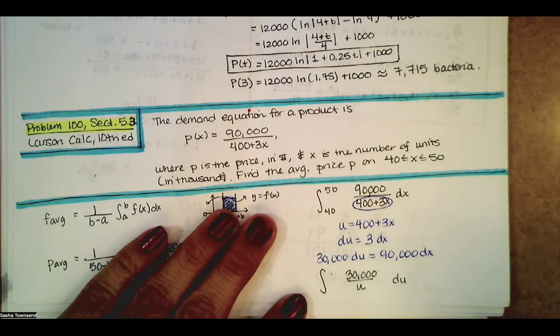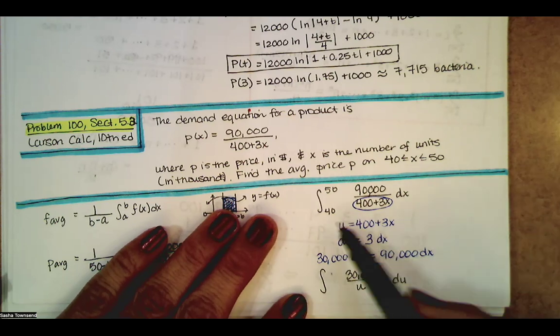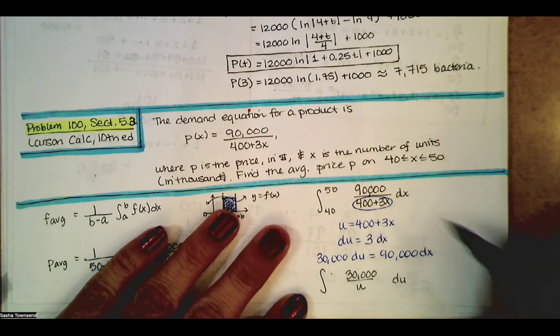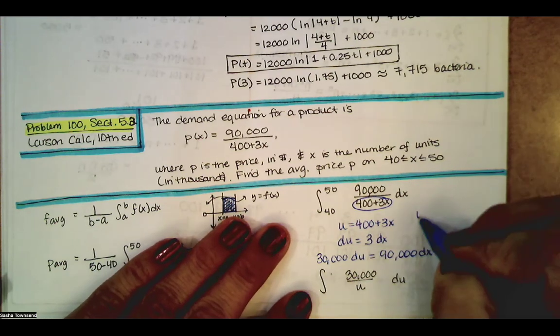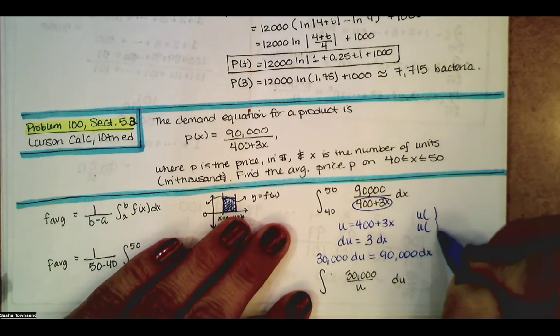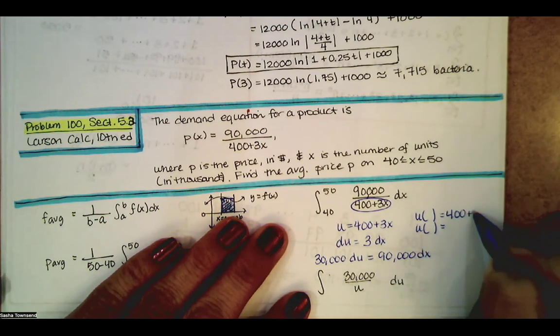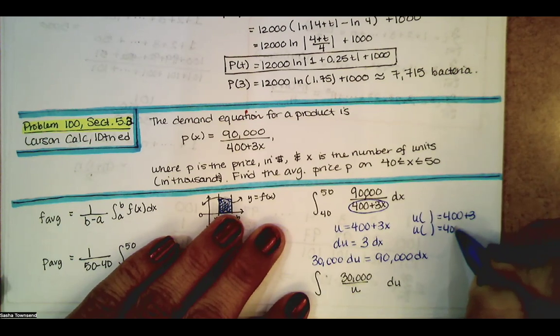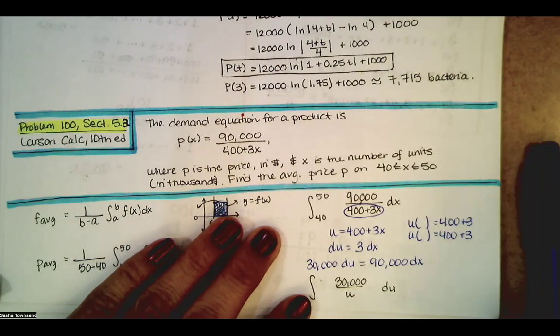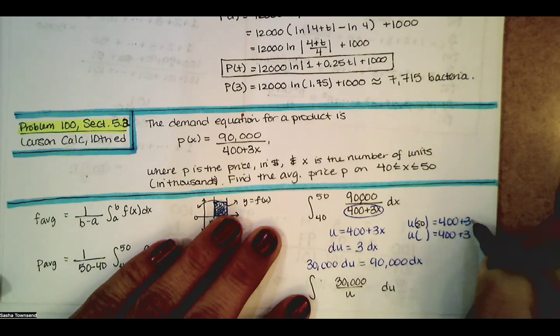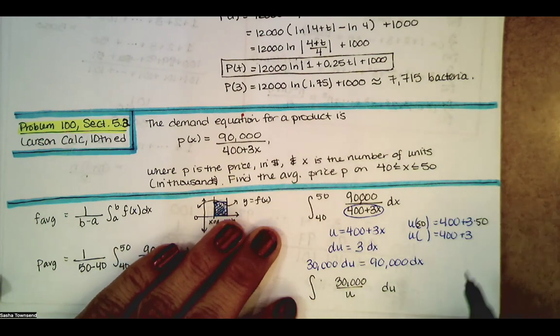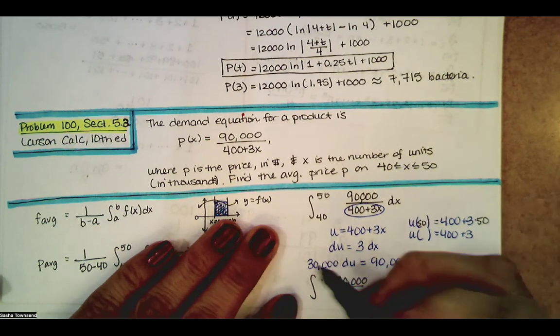And now we need new bounds for u. So in order to find the bounds for u, we substitute the bounds for x into this equation. So we evaluate u at x equals 50, and we evaluate u at x equals 40, and then we simplify. At x equals 50, we get 150 plus 400, which is 550.